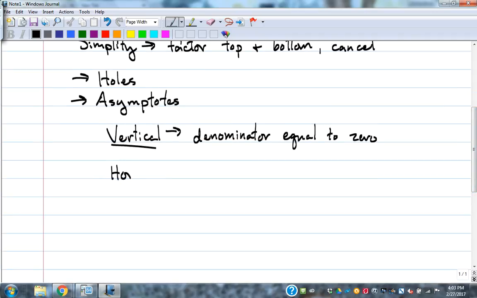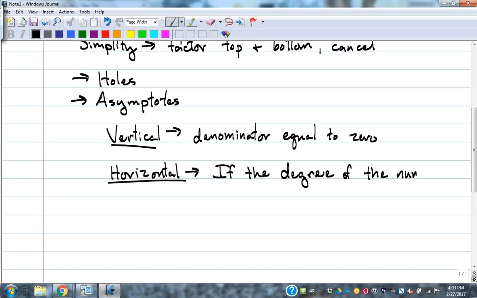The horizontal has some rules. So horizontal asymptotes only occur if the degree of the numerator is less than the degree of the denominator.